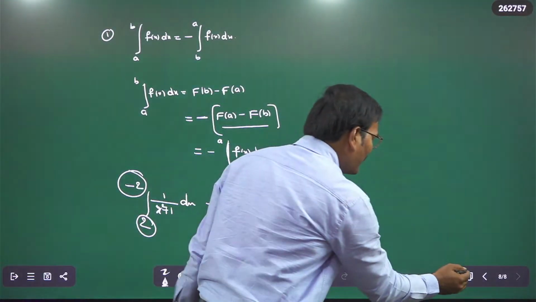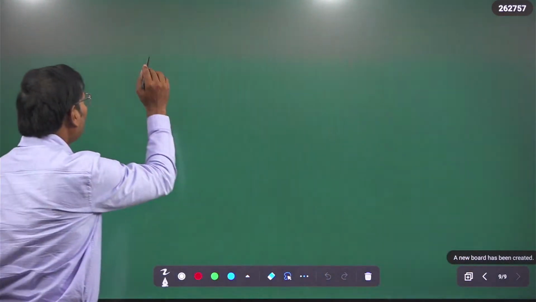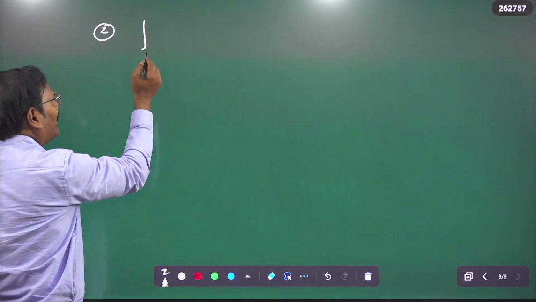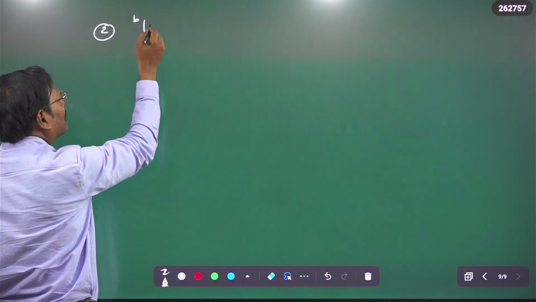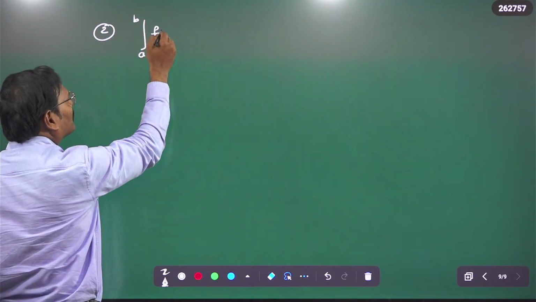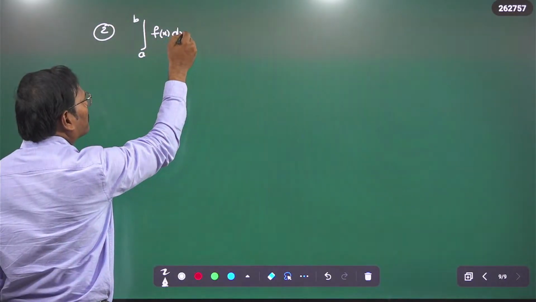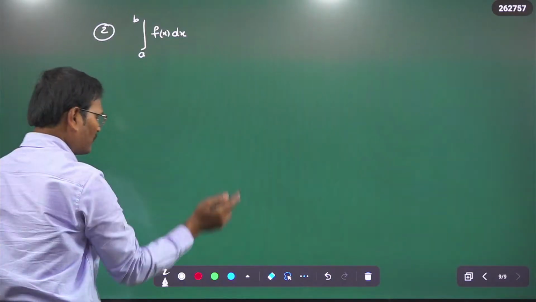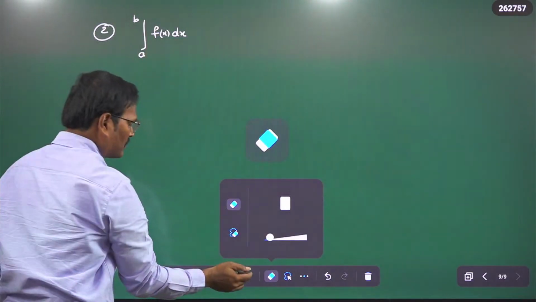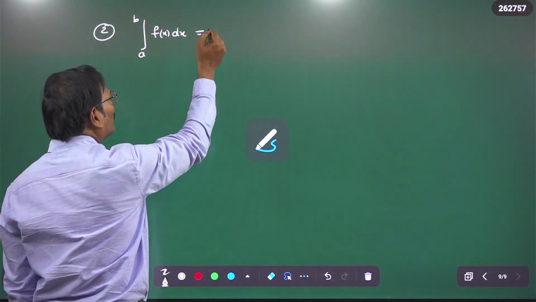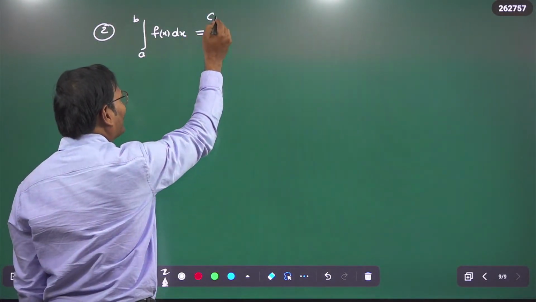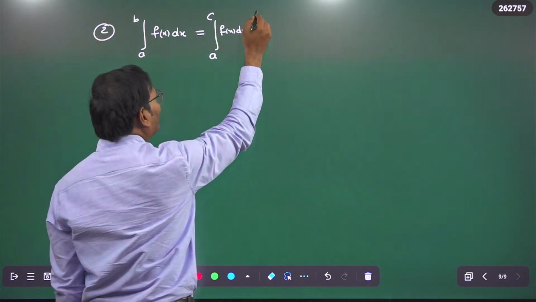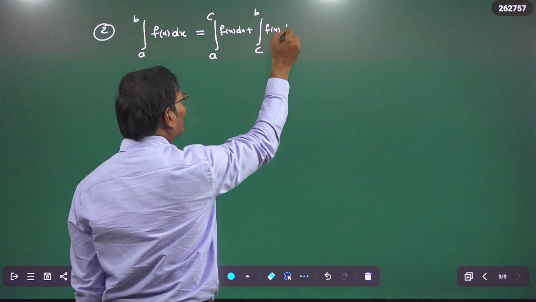Okay. Moving to the second property. Integral a to b f of x dx is equal to integral a to c f of x dx plus integral c to b f of x dx.